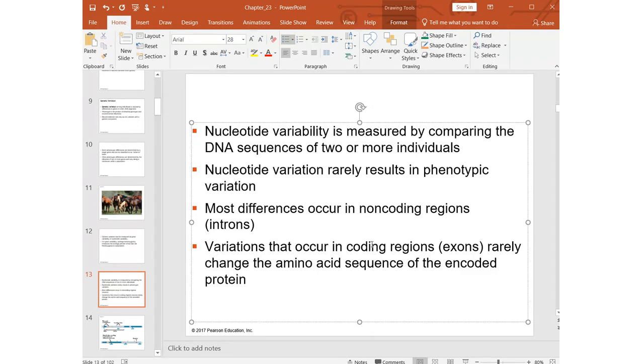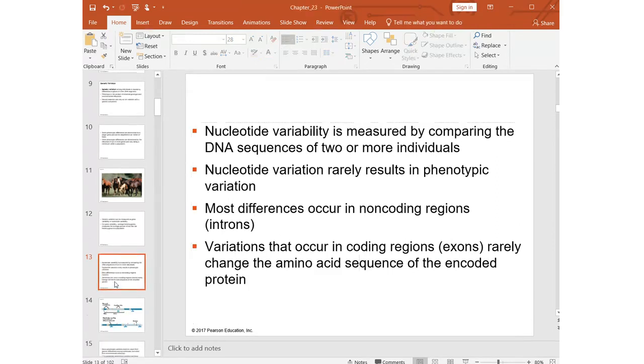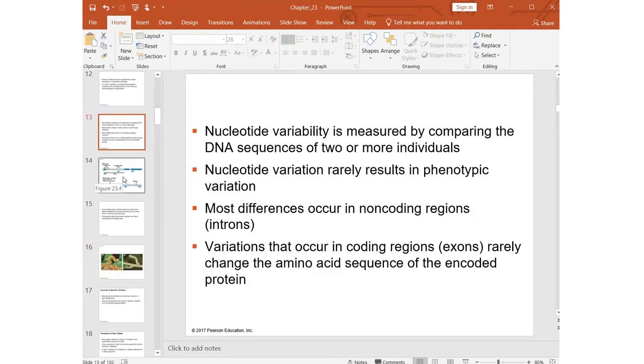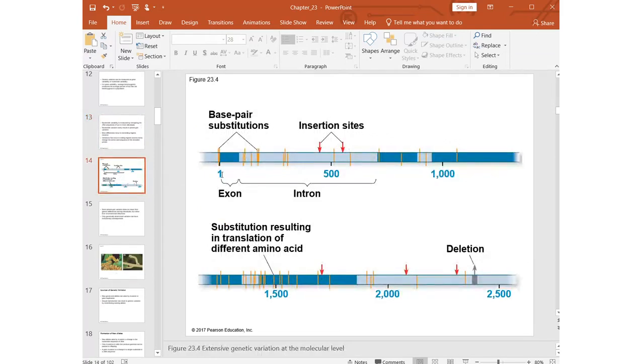So variations that occur in coding regions, in other words the exons, actually rarely change the amino acid sequence of the encoded protein. For one reason, more than one codon can code for the same amino acid, as you saw in General Biology 1.